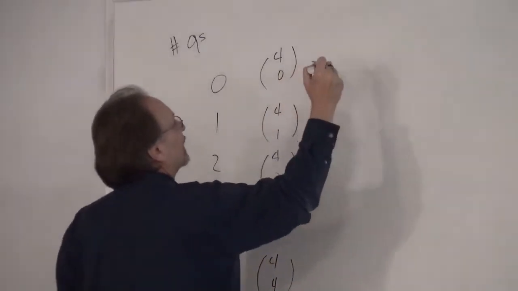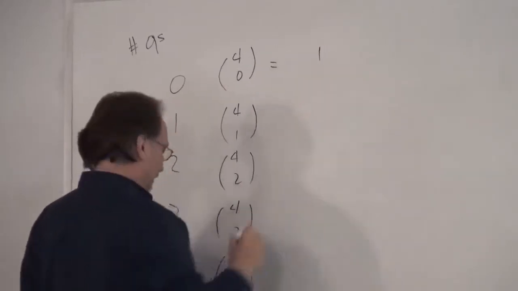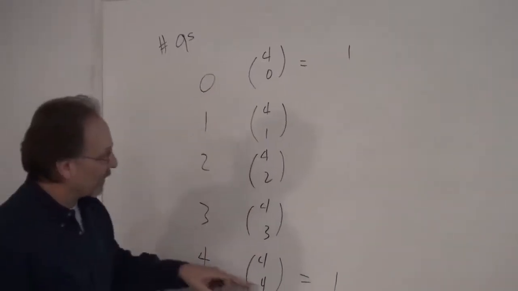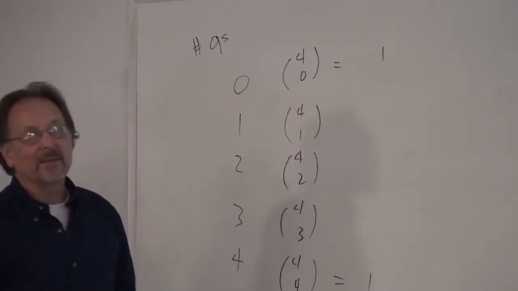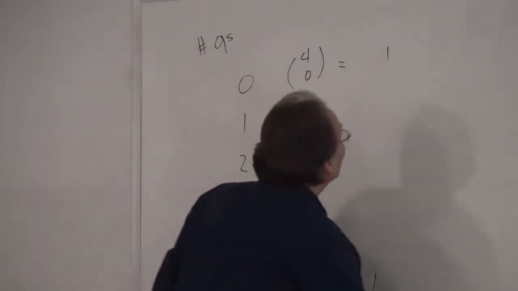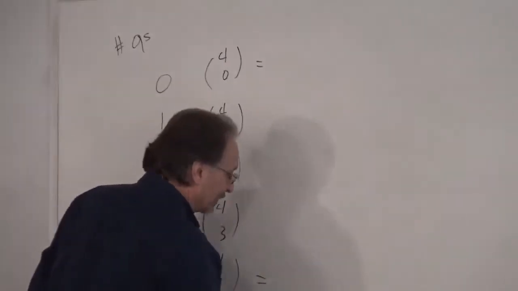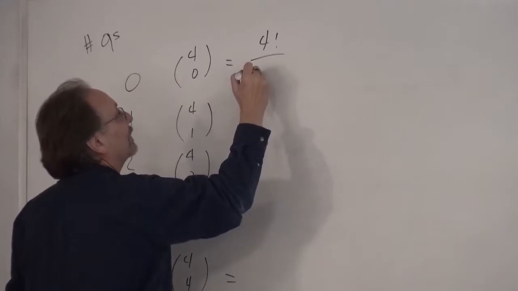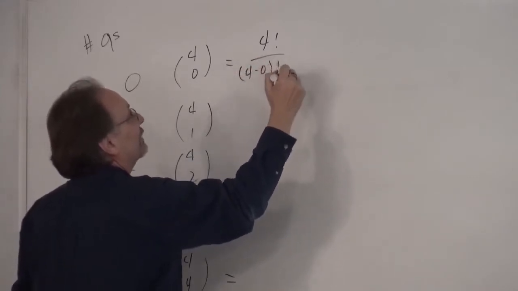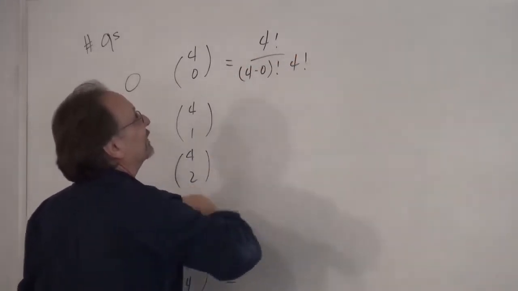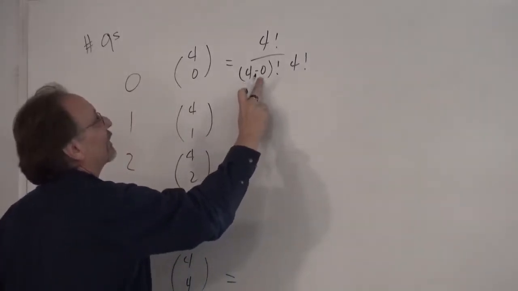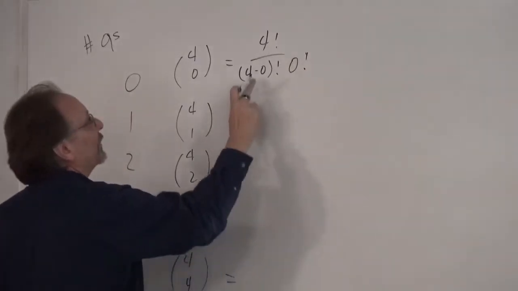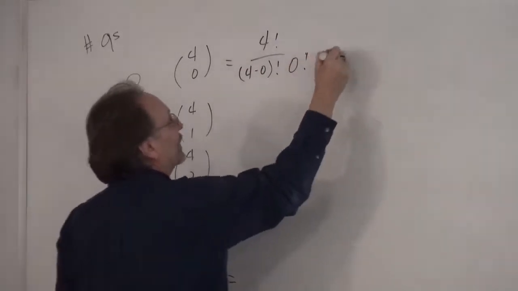Okay, so this becomes 1, this becomes 1, because, let me demonstrate it, you have 4 factorial over 4 minus 0 factorial over 0 factorial. So this is 4 factorial over 4 factorial equals 1.